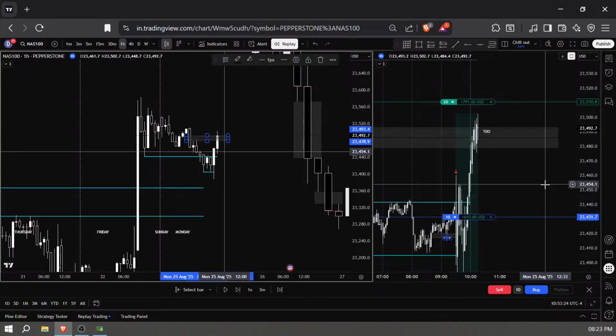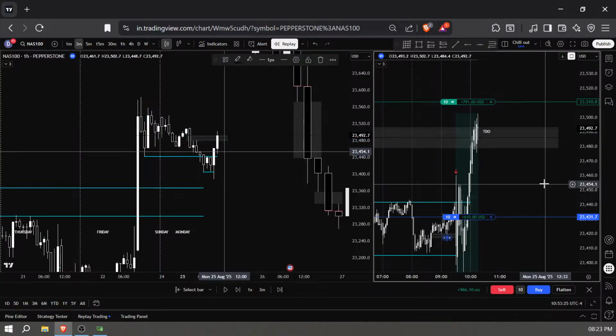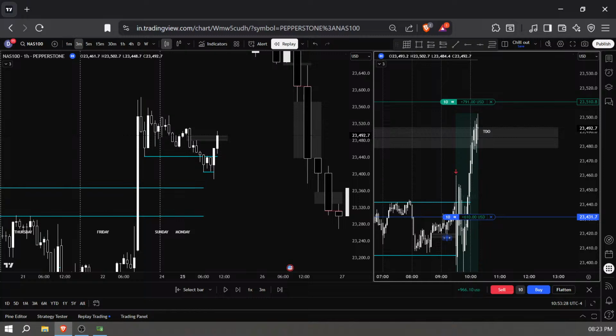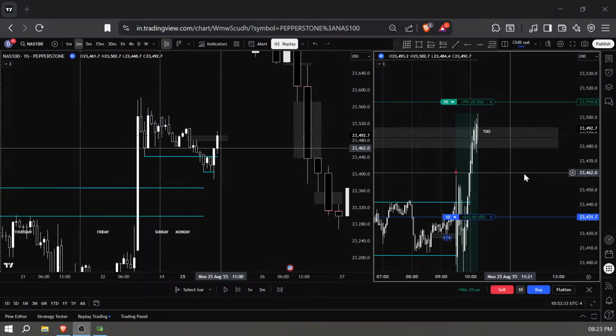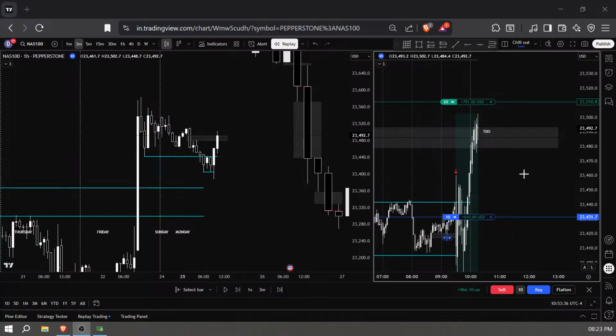But the good thing, we inverse that. Just a second. Yeah, so the good thing is we inverse this early FVG, right? That's what I'm talking about.